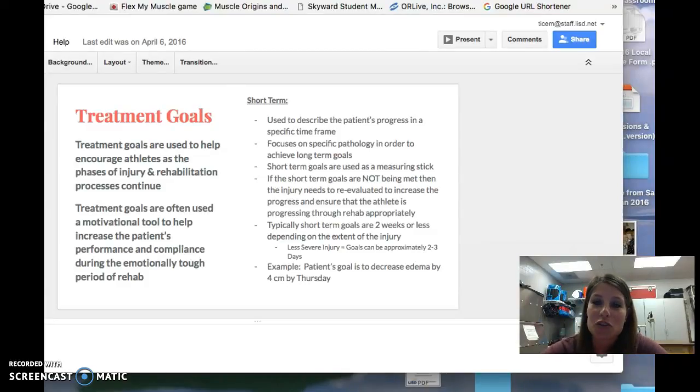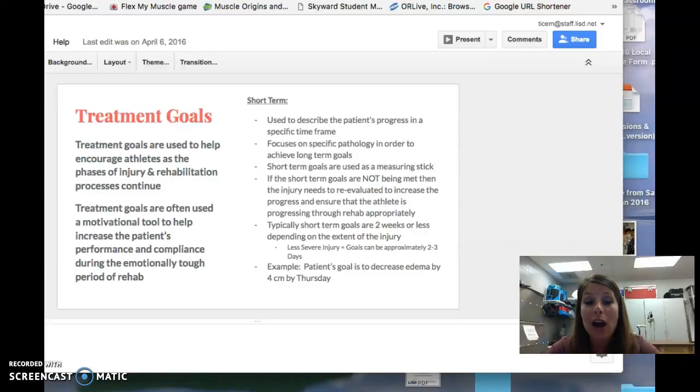So let's talk about the short-term goals. In order for a short-term goal to be effective, it needs to be very specific. What is it that you want to accomplish? What type of measurement can you use that says, yep, you've made it, nope, you didn't make it?